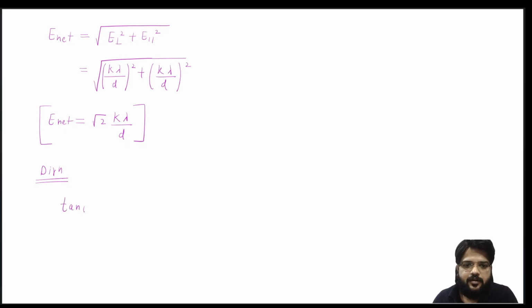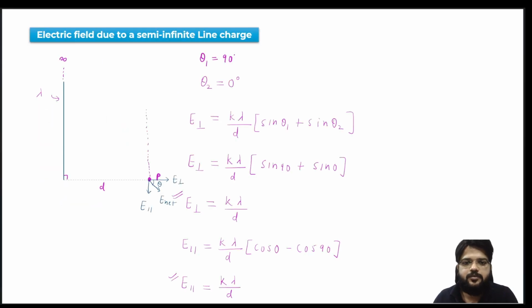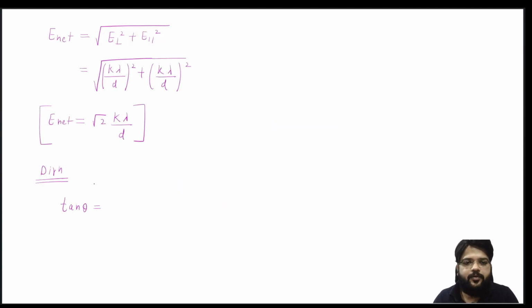Tan theta equals E parallel by E perpendicular, and both are equal, correct? K lambda by d, K lambda by d, so it is 1. So tan theta equals 1, so theta is 45 degree. This is the direction of the net electric field, and the net electric field magnitude is root 2 K lambda by d. I hope this is clear to everyone.